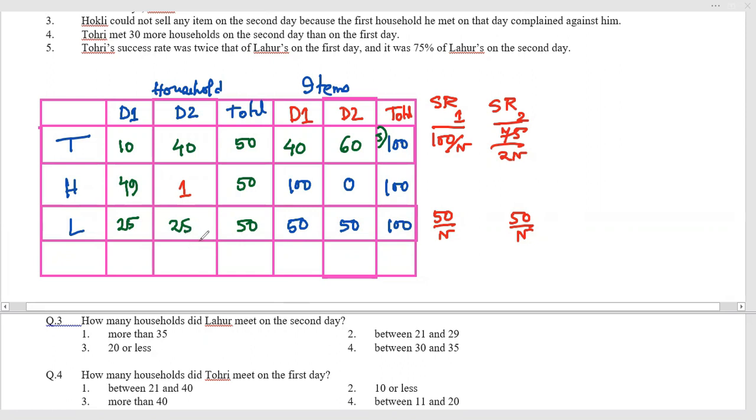It's 25. So it should be between 21 to 29. Option 2. Question number 4. How many households did T meet on the first day? 10. That means it should be 10 or less. Option 2 would be the answer.